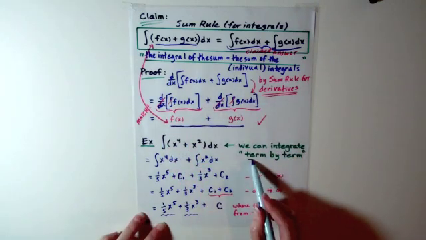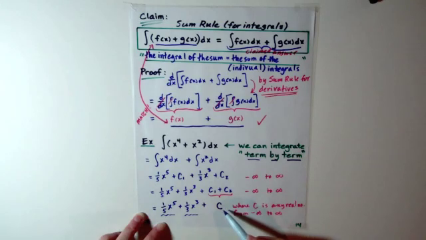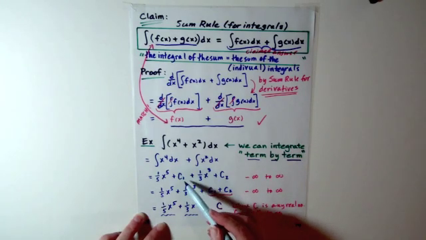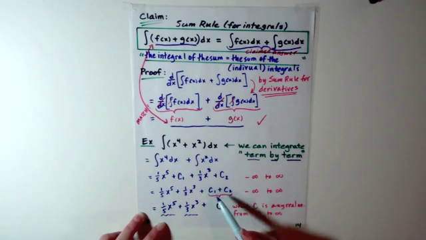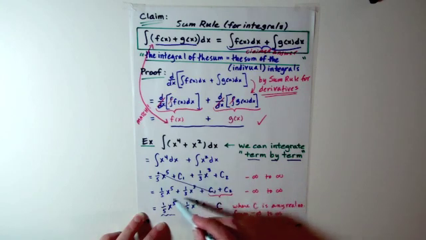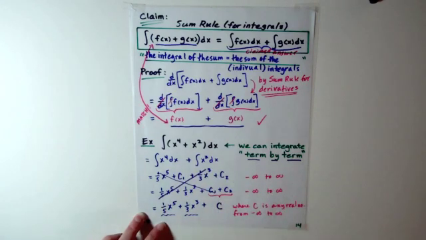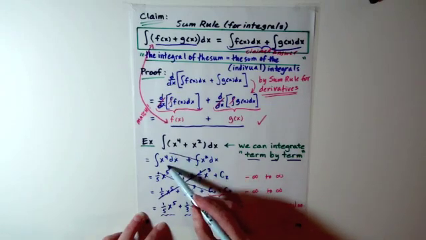We integrate term by term. And then we just add a single integration constant on. There's no point in adding two integration constants because as they range over all real numbers, their sum does also. So we usually don't write these two steps once we get used to the sum rule, and we just go straight. In fact, we don't even write this step once we get used to it.